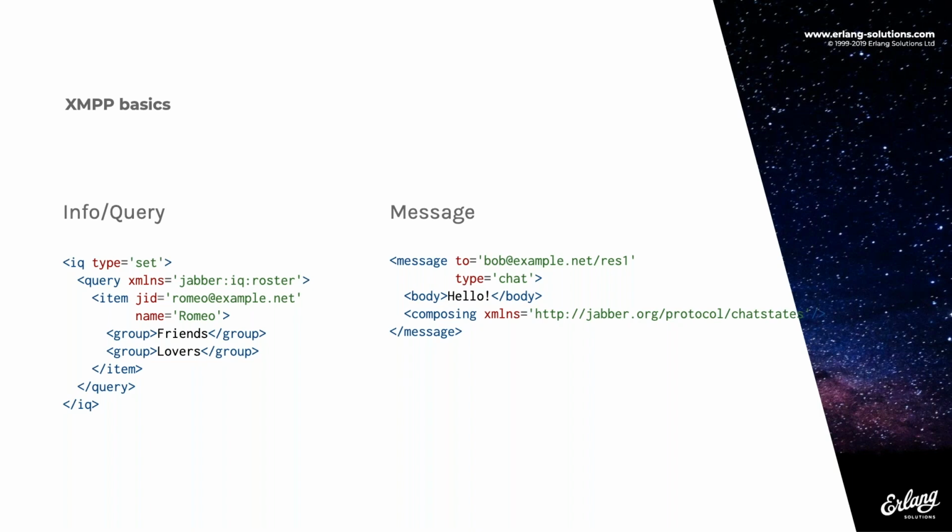For example, here we have a message with a so-called chat state notification, which basically means that I'm typing. So my friends will see on their screens some message like Bartek is typing or something like that. And it's qualified by the namespace chat states because it's chat state notification.